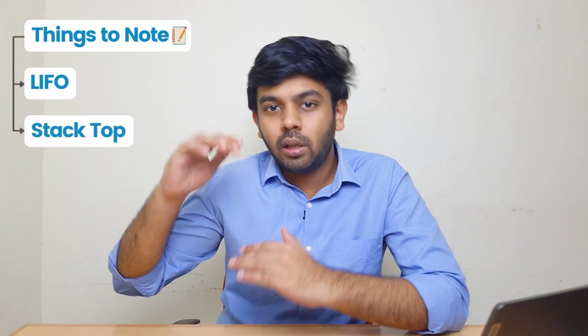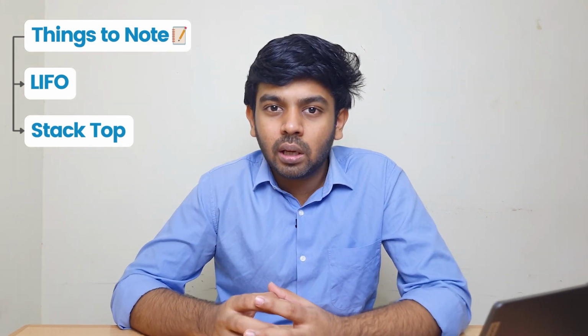This is the principle of stack, or this is how stack works. We have a couple of things to note. Stack uses the principle last in, first out, and the insertion and deletion both happen at the same end, at the top. These are the two things that you need to remember when it comes to stack, and both these things are almost telling you the same thing.